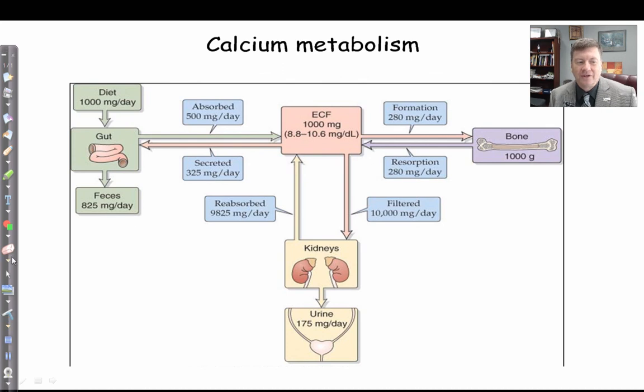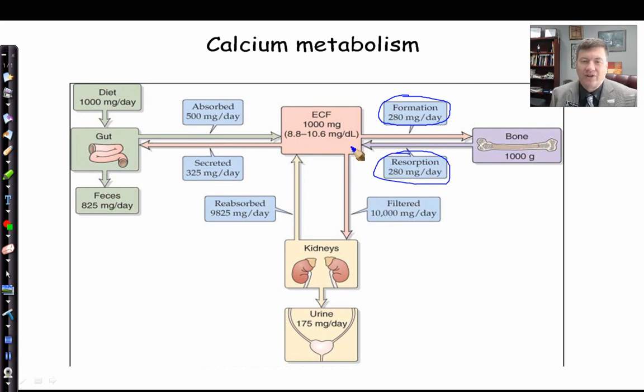And it looks pretty complicated here. What I want you to focus on is this. Normally, bone formation and bone resorption of calcium is going to be about the same. As osteoclasts and osteoblasts are working, for most people, without any kind of medical issues or osteoporosis, for example, we're going to be fine in that we're going to maintain adequate levels of calcium in our bone because of this budget.